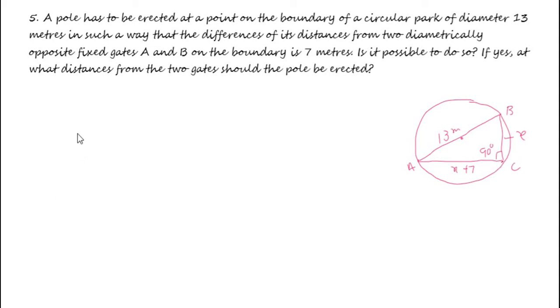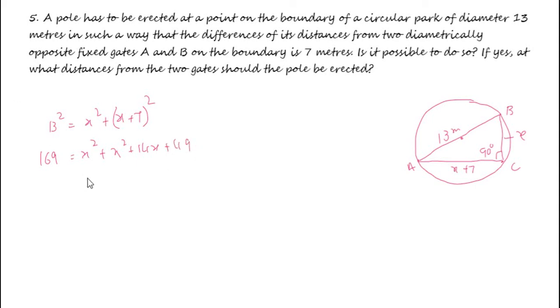From Pythagoras theorem, 13 square equal to x square plus x plus 7 whole square. So 169 equal to x square plus x square plus 14x plus 49.